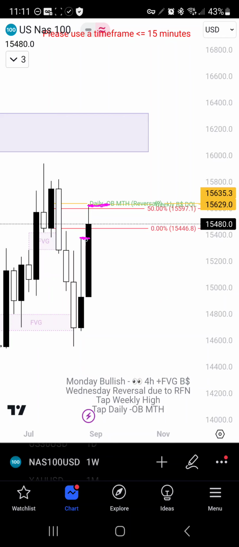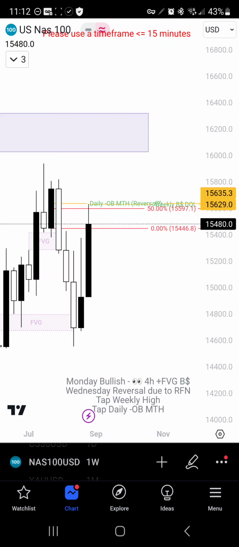Because last week's candle closed above the previous week's high, I'm looking for this high to be traded into, but we've also traded into the mean threshold and closed below the mean threshold of the weekly order block. So that lets me know the market wants to go down. I say conflicting, but it's really not conflicting. I'm going to share with you my bias.